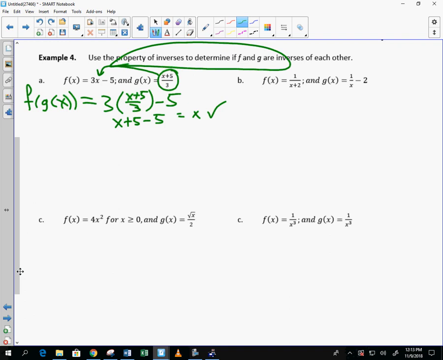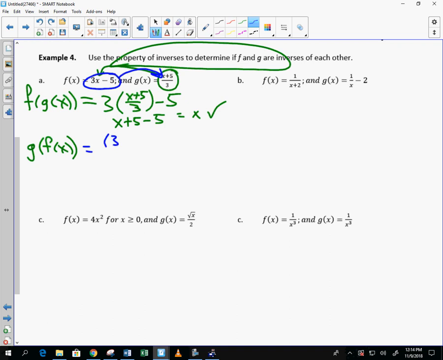Hey. We're supposed to come up with x. You got to compose it the other way, though, and make sure it works out as well. G of f of x. What do I do then? Take f and put it there for g.